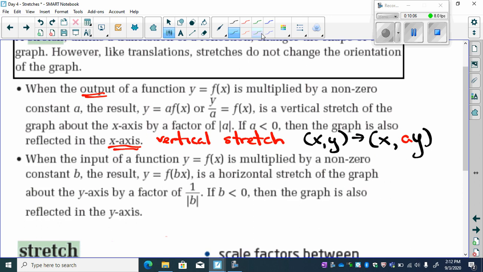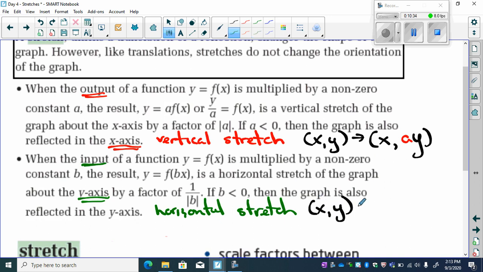If it's the input, horizontal reflection in the y-axis or horizontal stretch about the y-axis. So this is horizontal stretch. And with horizontal stretch, yes, it is in the y-axis or about the y-axis, but it's the x values that are going to change.